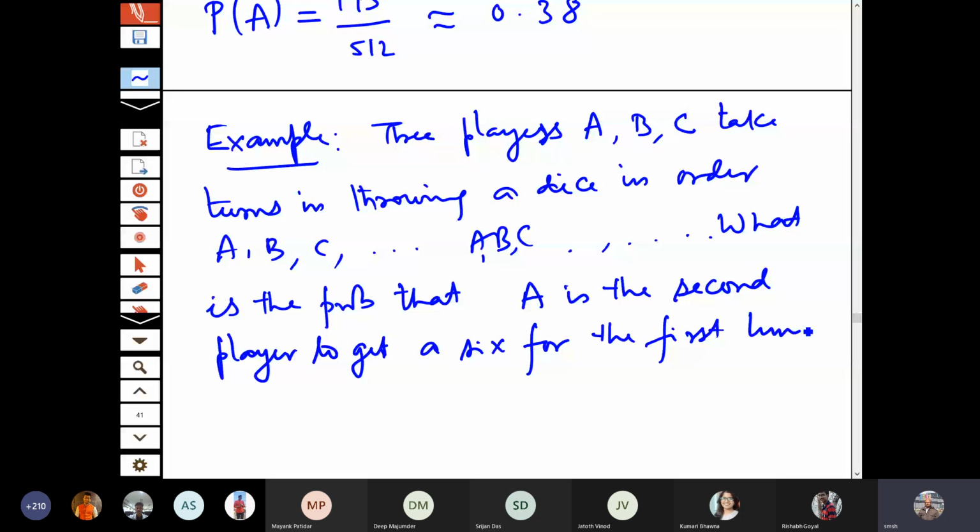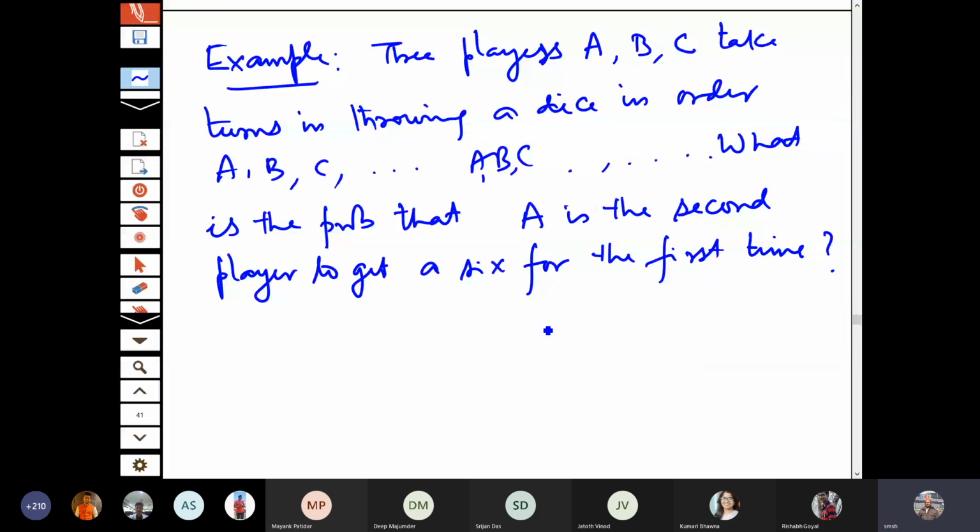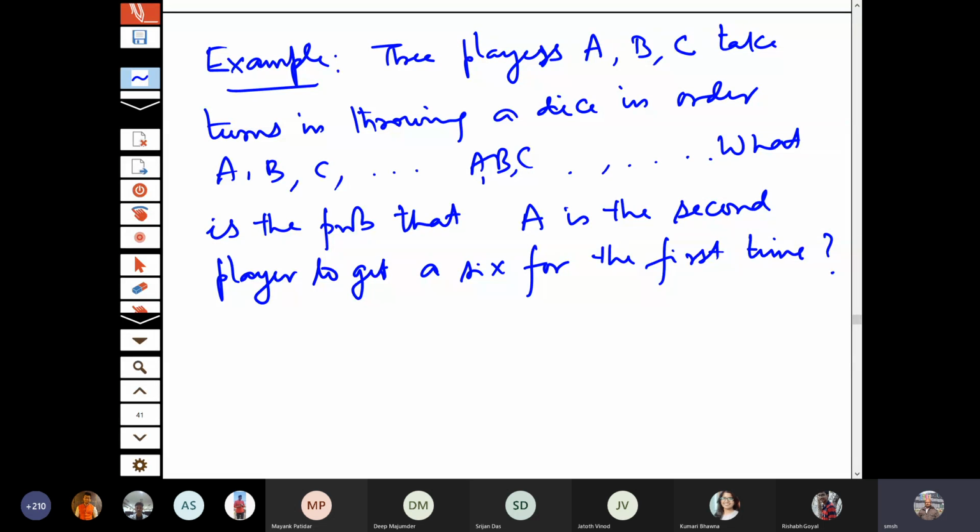So let us look at the breakup of this event here. A can throw on the first throw or the fourth throw, because the second is for B and the third is for C, or he can get the 7th and so on.